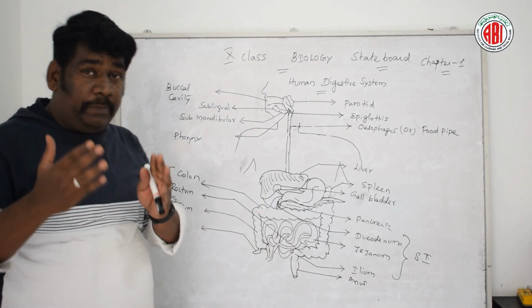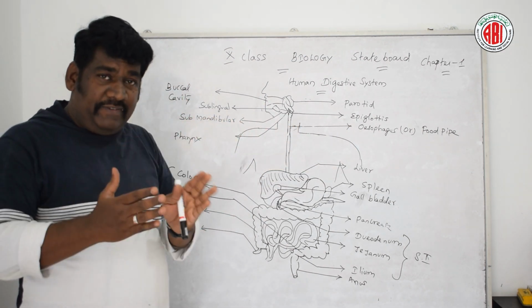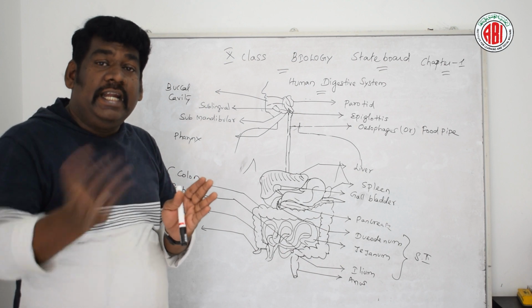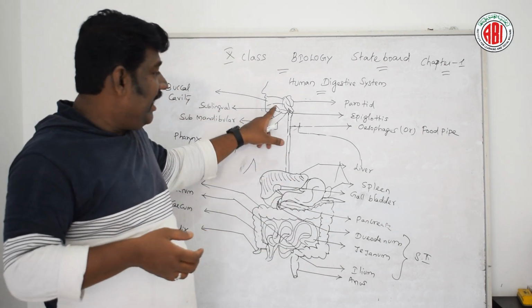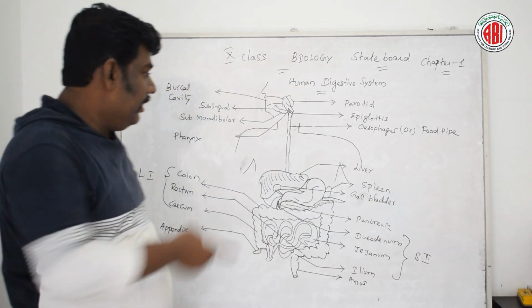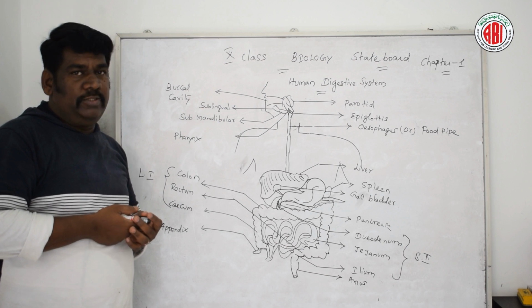That can be prevented by the epiglottis. The epiglottis helps prevent the entry of food particles or water from the buccal cavity to the nasal cavity. That is the most important part. So this is about the human digestive system.